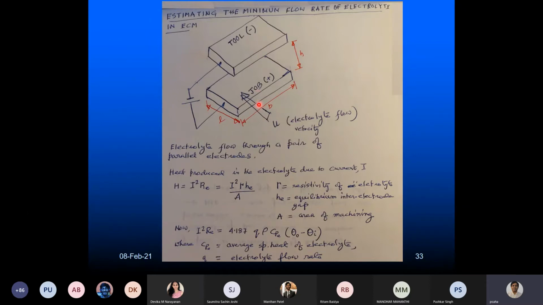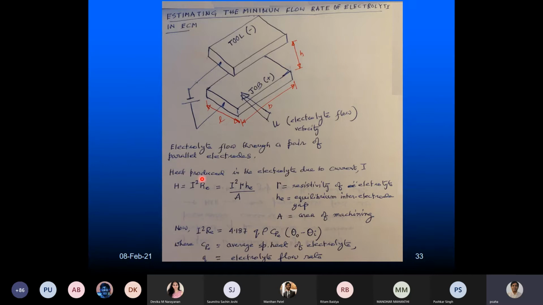The electrolyte enters from this side and flows to the back side, with a flow velocity of U.